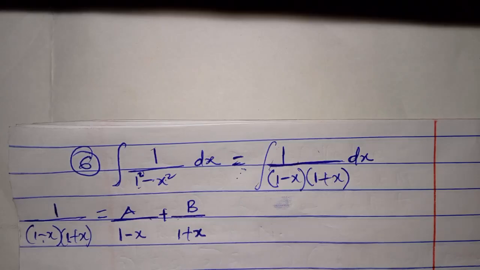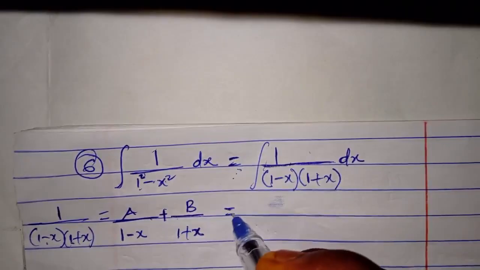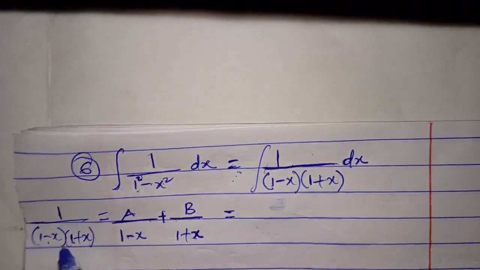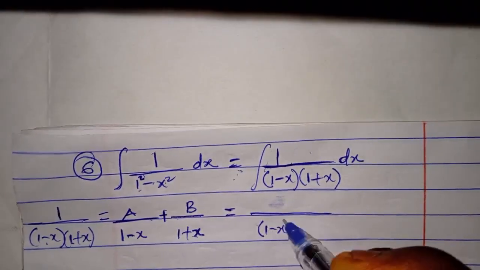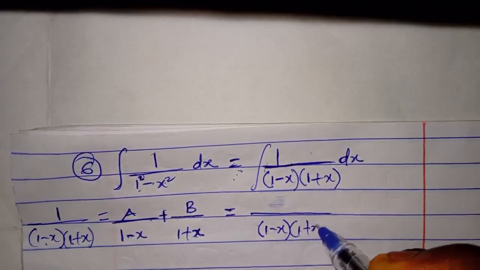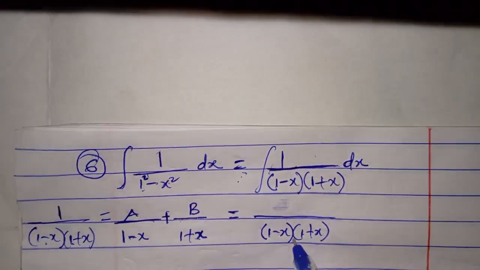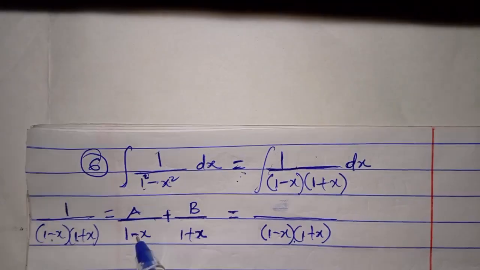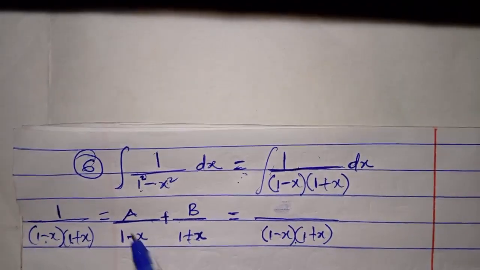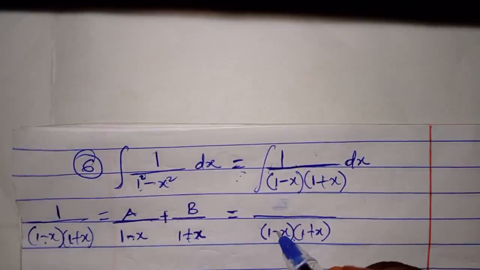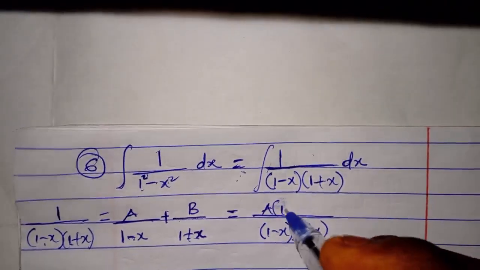So if I simplify this right hand side, the LCM is still the same as what's here. This LCM divided by 1 minus x, we have 1 plus x. So 1 plus x times a, that's a in bracket 1 plus x.